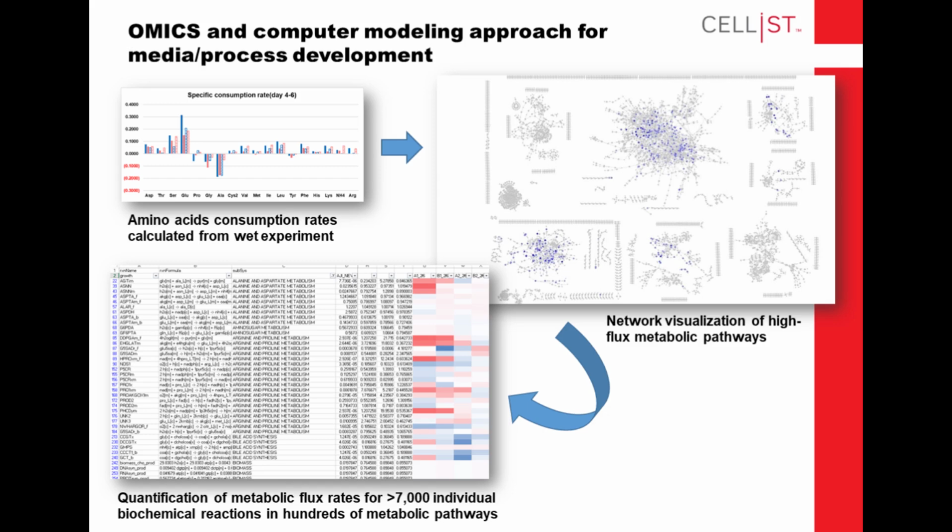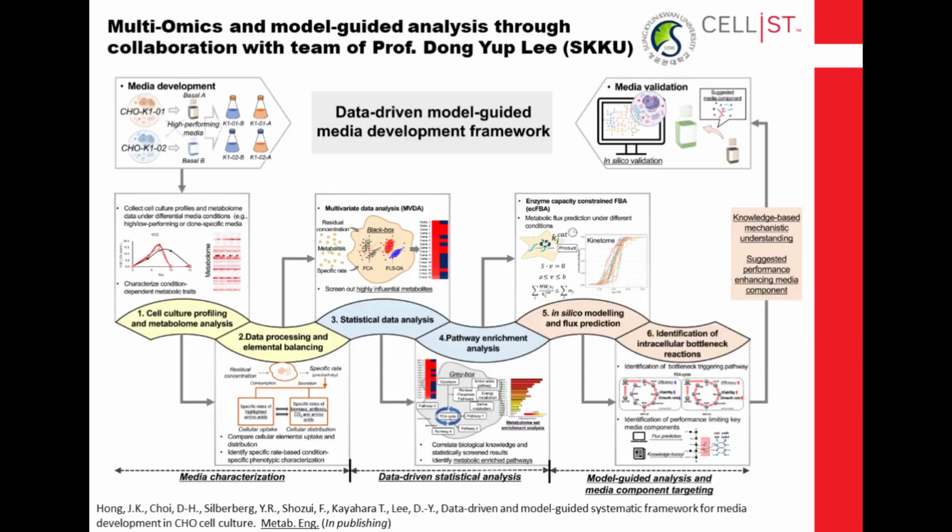So for this kind of analysis, we have a long-term collaboration with the group led by Professor Dong-Yup Lee from SKKU University in South Korea. They are leaders in genome scale modeling specifically for the CHO cell line.